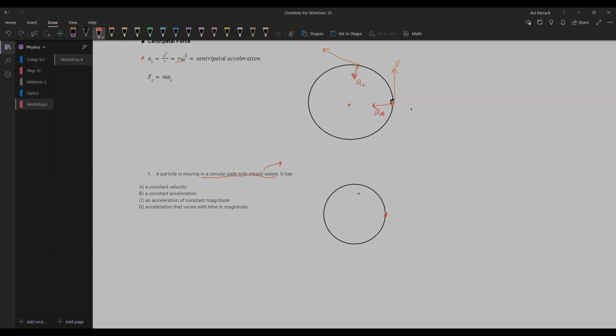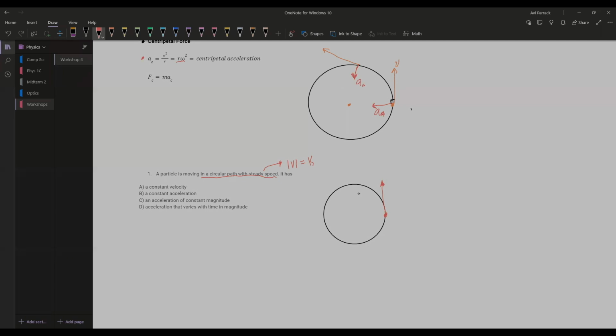So we can't say that the particle continues in the same direction constantly, but we can say that its speed does not change, which is to say that the magnitude of the velocity is a constant, an unchanging magnitude.